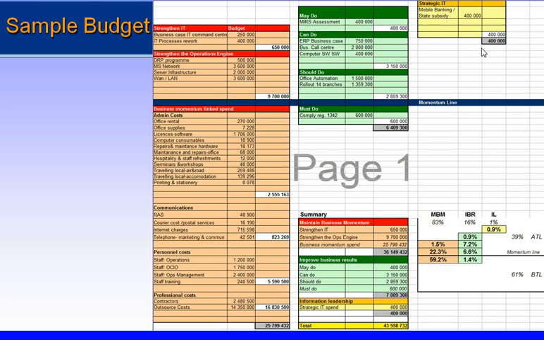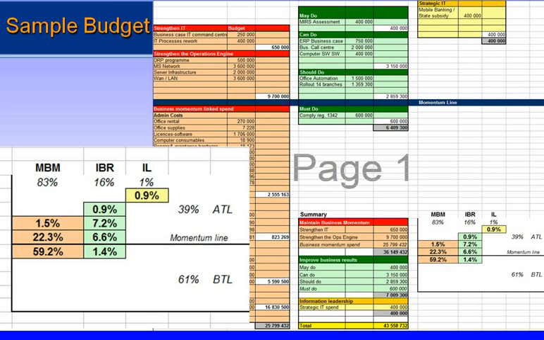Now, the final thing down here is interesting enough for me to extract it out as something worth discussing. Your MBM spend, maintained business momentum spend, is 83% of the budget, improved business results is 16%, and as you can see, leadership is only 1%. Another thing here is your below the line spend, that is the mandatory spend, is 61% of the entire budget.